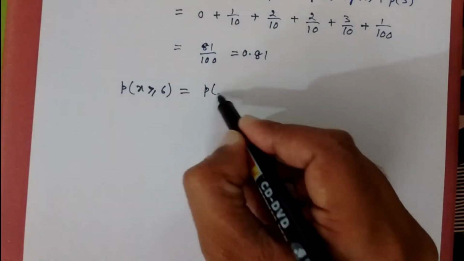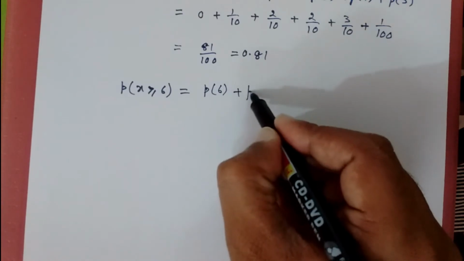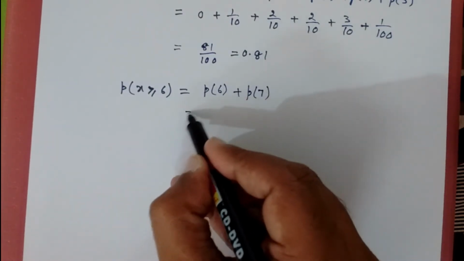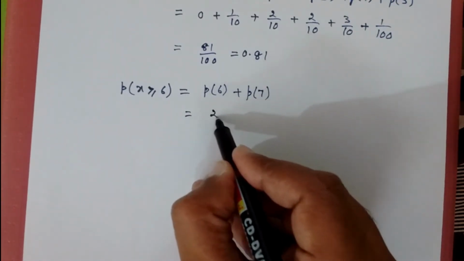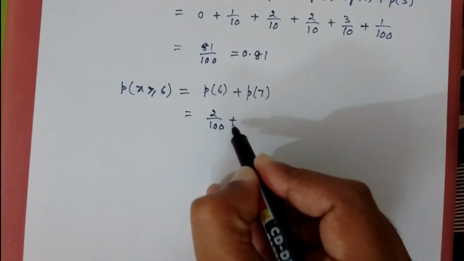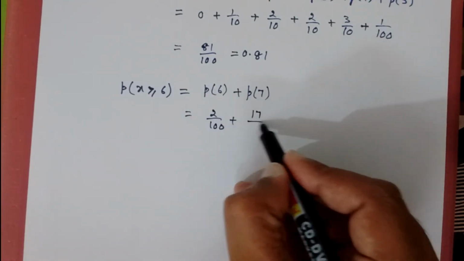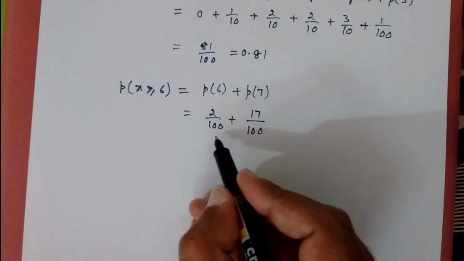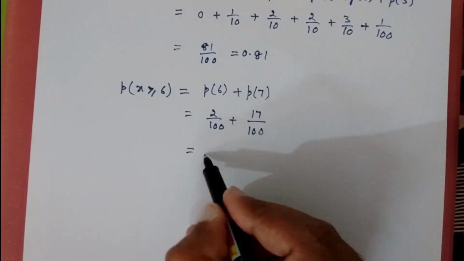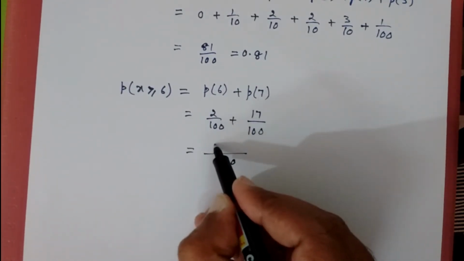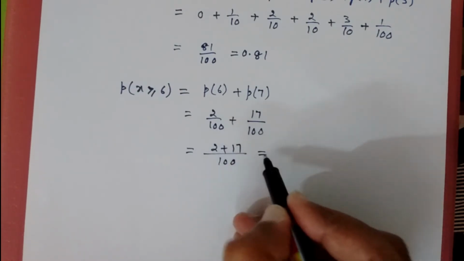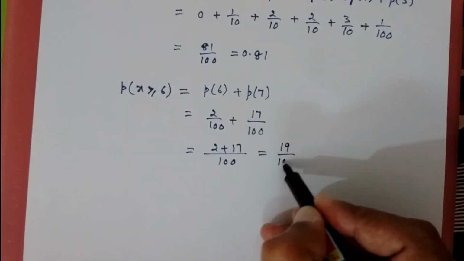So you get probability of 6 plus probability of 7. So you have got probability of 6 to be equal to 2 by 100. Probability of 7 you have got 17 by 100. So just try to add, take the LCM. So this 2 plus 17, which is nothing but 19 by 100.